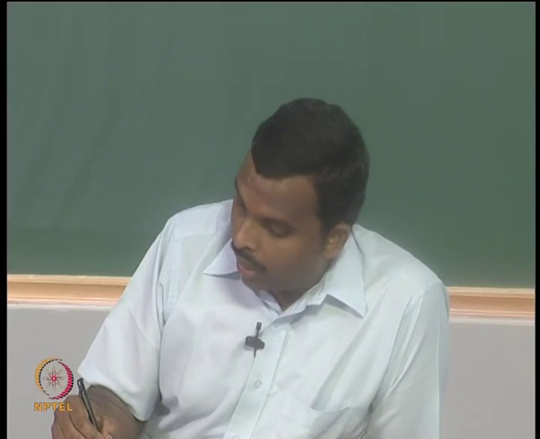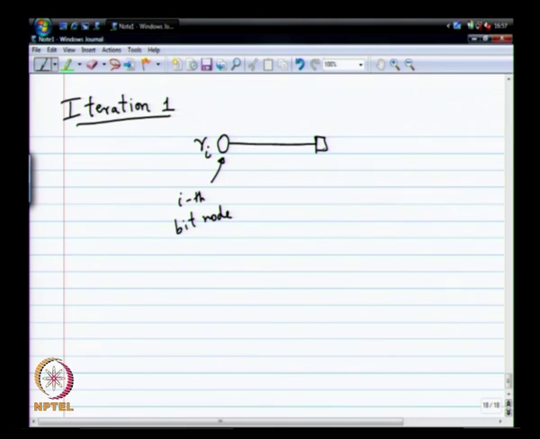Okay. And now this node is connected to, let us say, as many check nodes as you want. In this case, we have been looking at WC check nodes. So, to initiate the decoding, some messages have to flow in this Tanner graph, right.